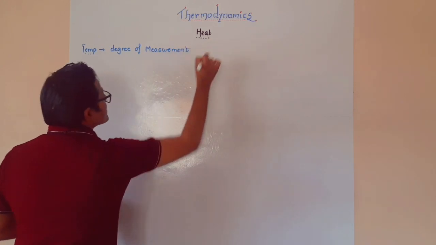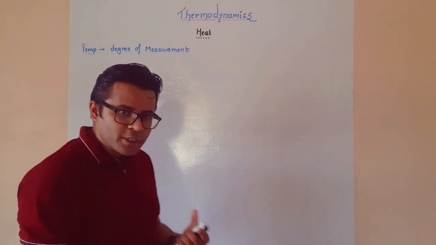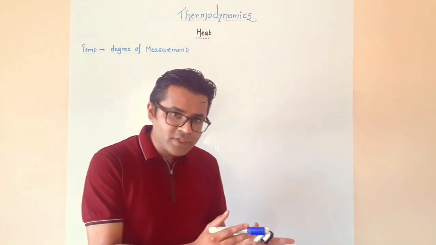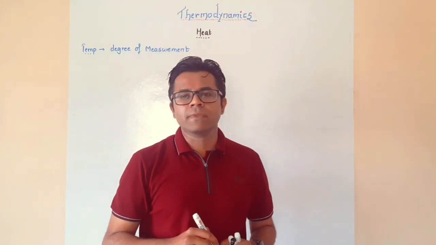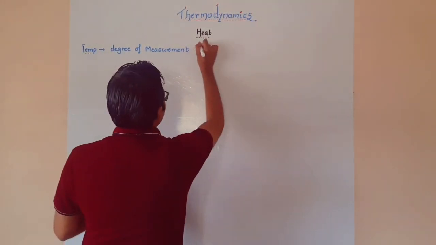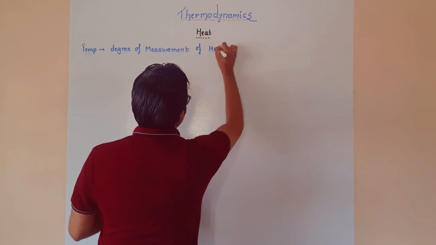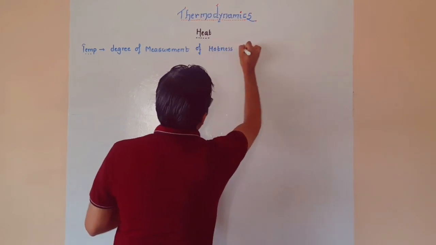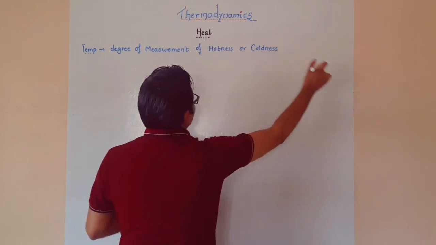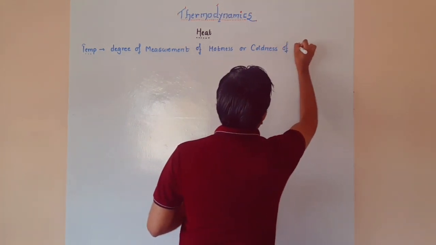Temperature is a degree of measurement of how hot or how cold a particular body is, the hotness or the coldness of a system. So, temperature is nothing more than a measurement of the hotness or the coldness of the system.